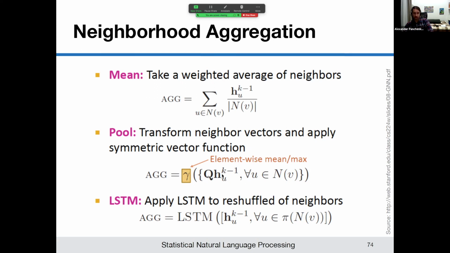So this would be some generalized form of pooling.